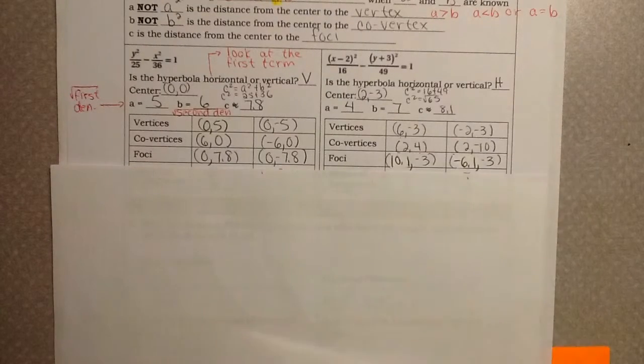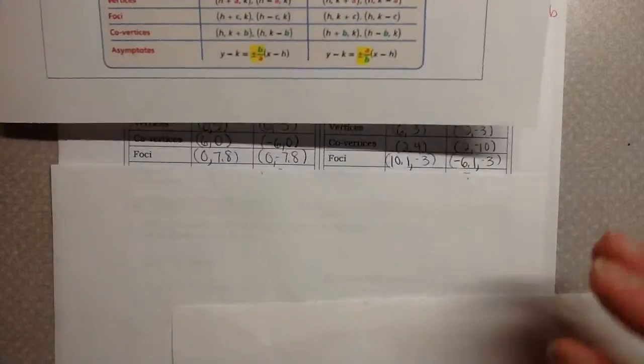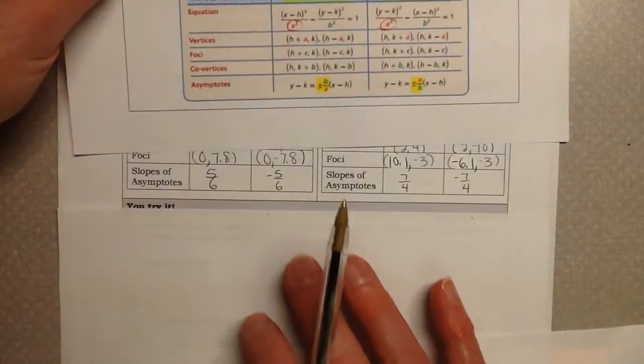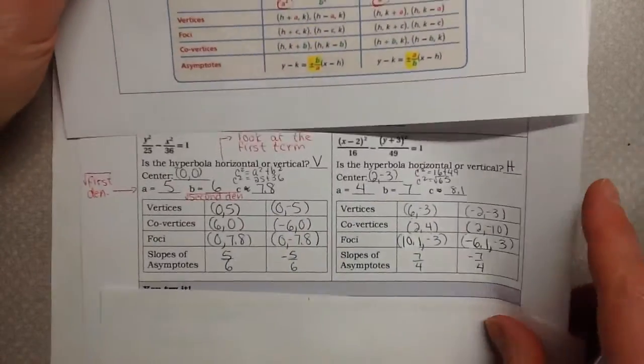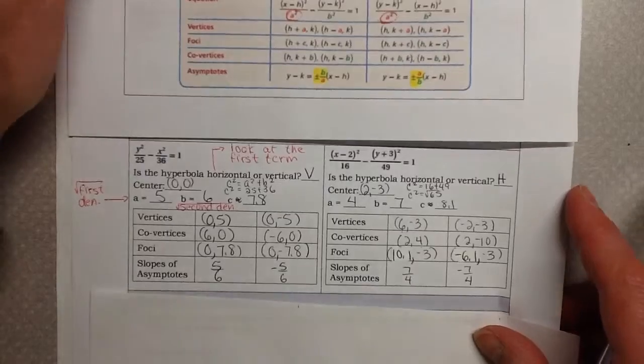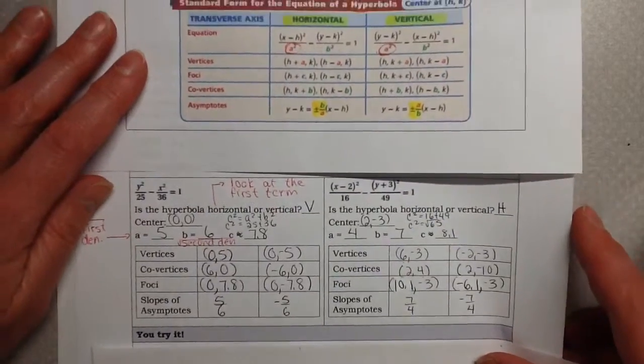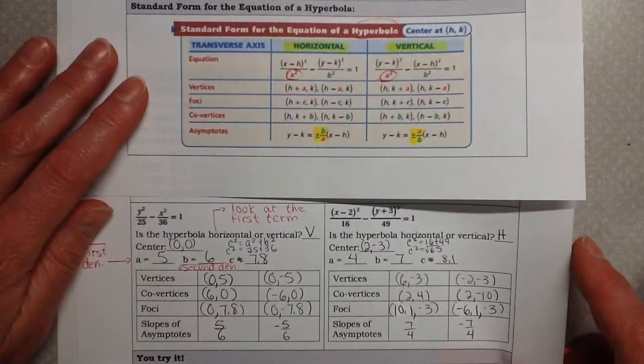Okay, now the next thing we need to do, for both of them, is the slopes of the asymptotes. So let me see if I can put the problems both on the screen. Okay, there we go.